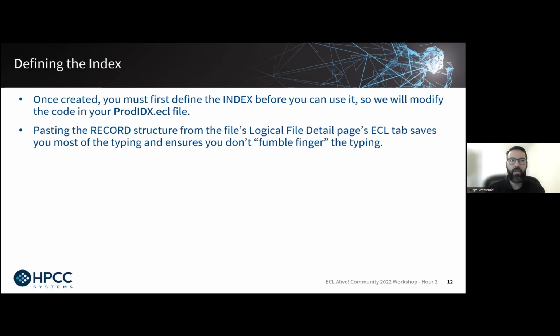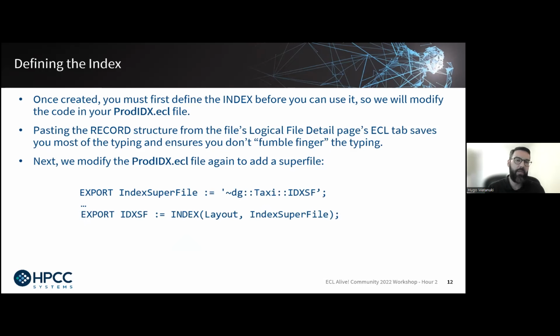You can do that by just pasting the record structure from the ECL Watch page I just displayed. That will save you not just typing effort, but ensure that you don't fumble finger the typing. And you just need to modify the prod IDX ECL file once again, but now to add a super file as well. And I will mention in a few seconds why we need the super file.